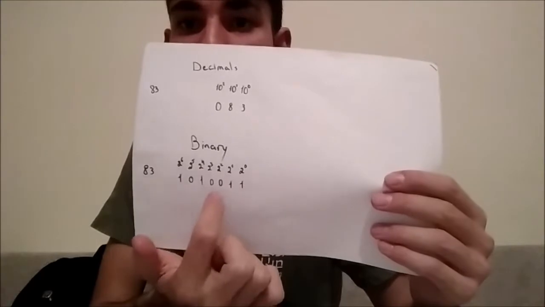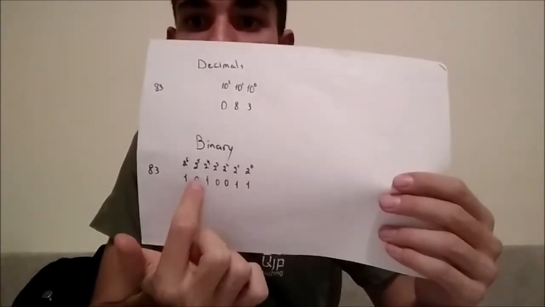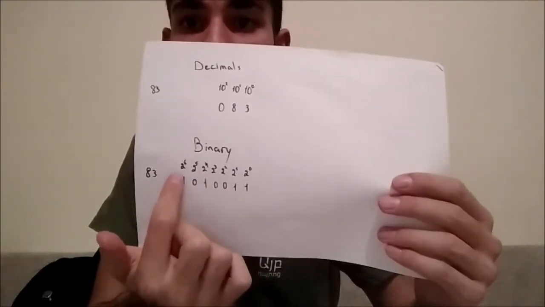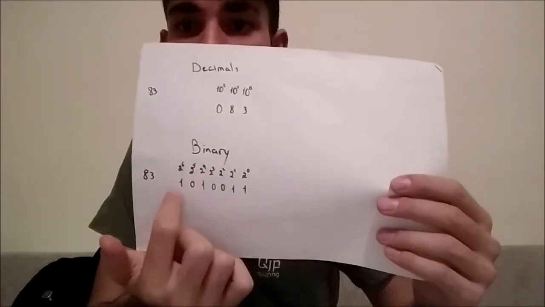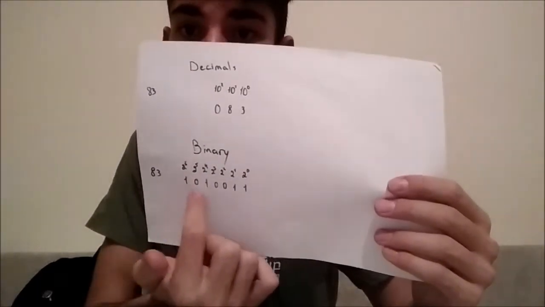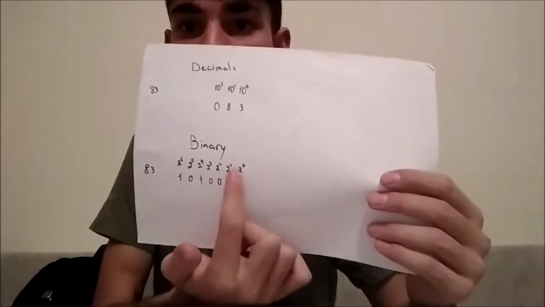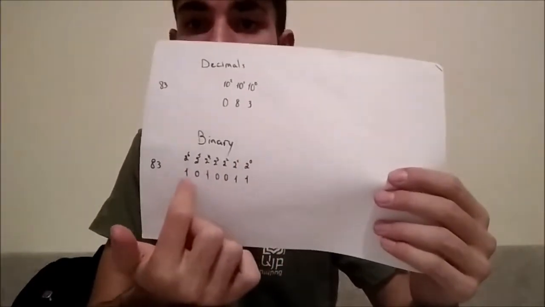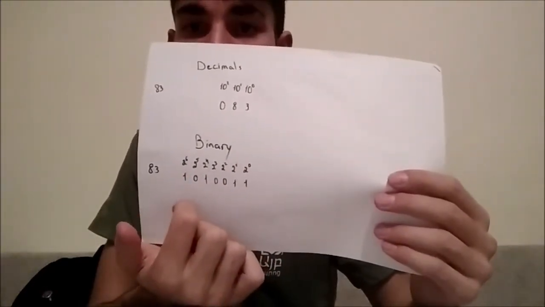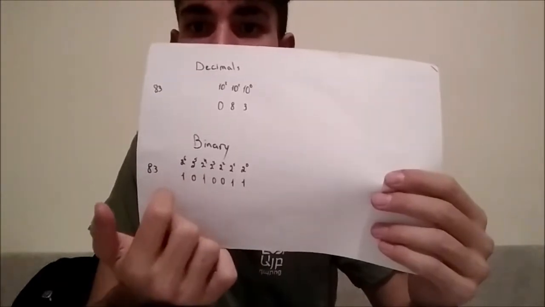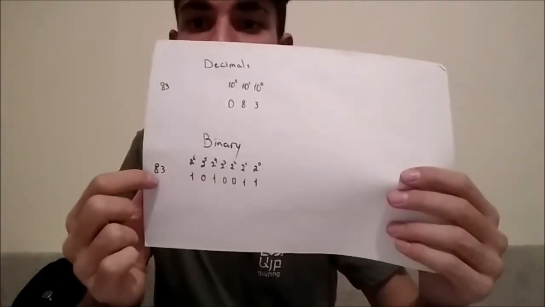So 1 plus 2 plus 16. And here is 0 also, and here is 2 to the power of 6, which is 64. And if we add all of them, each column, we get 83.